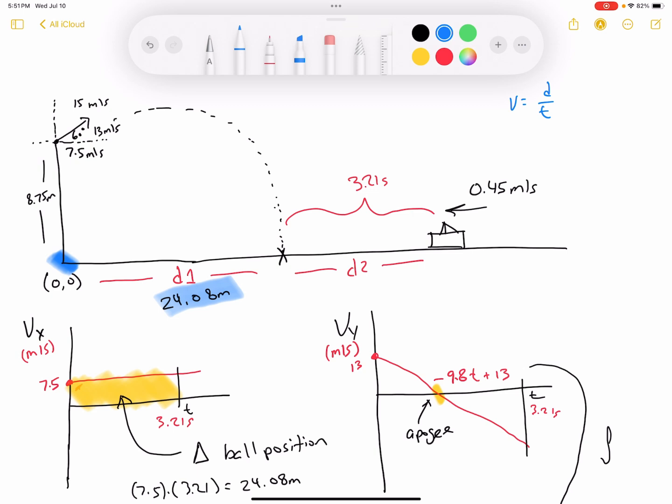So I can change this formula to distance is equal to velocity times time. I know the velocity, which is 0.45 meters per second, and I know the time, 3.21 seconds, and so I can just do that math. I end up with 1.44 meters. And so that's what you could write here.